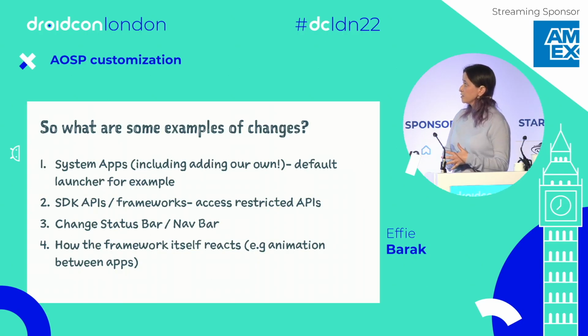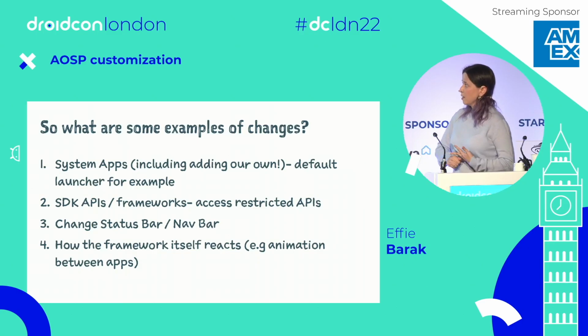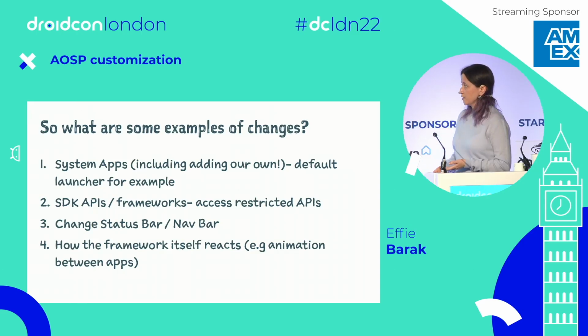We can access and use SDK APIs and frameworks, even those that have restricted access for regular Android developers, because these system apps are bundled into AOSP, so they have permissions to access the frameworks themselves. We can change the status bar and the navigation bar, the way they look and behave. And we can also change how the framework itself reacts. If we wanted to change how the animation between apps works, this is something that we could do.